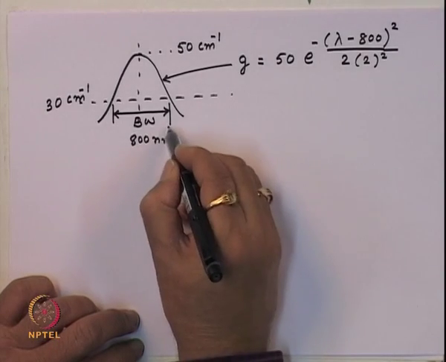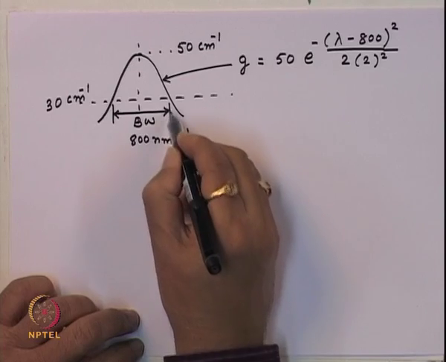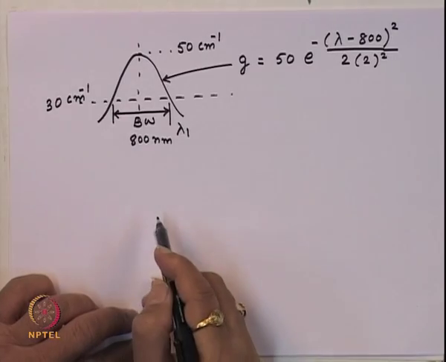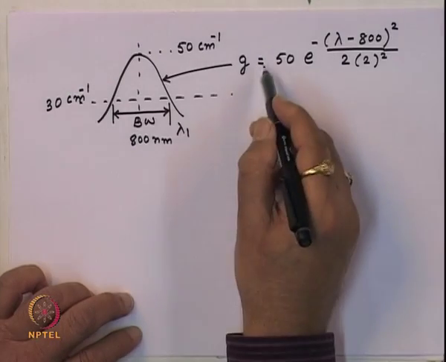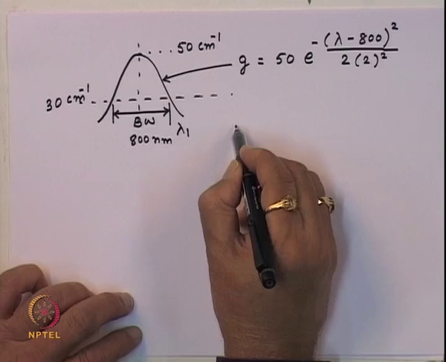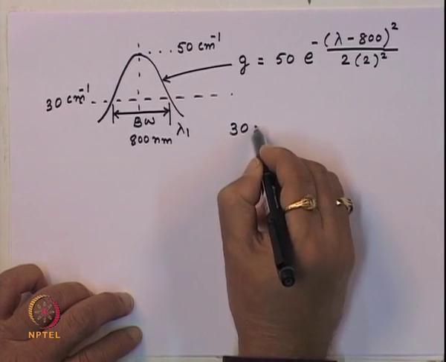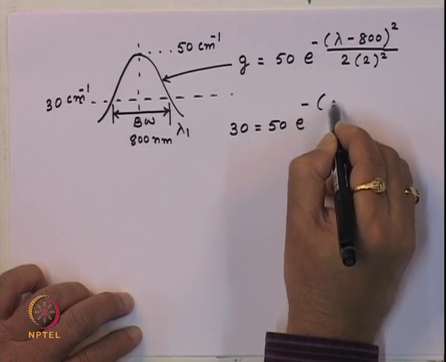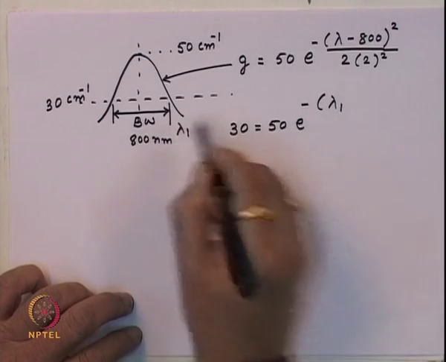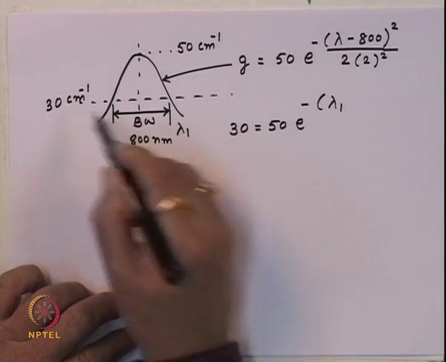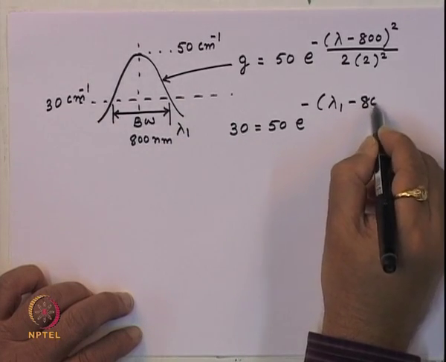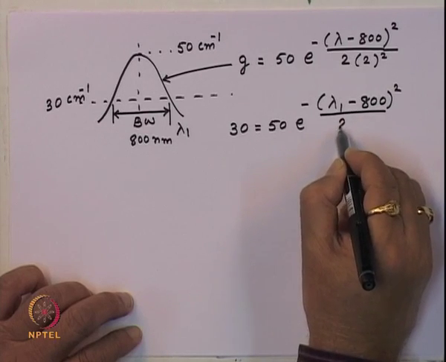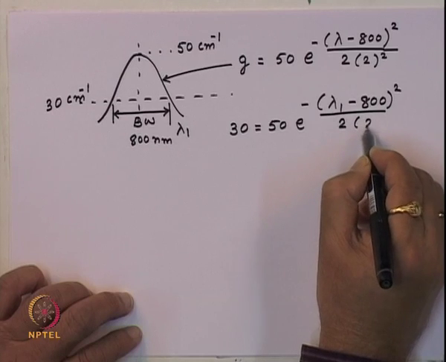So, we can ask what is this wavelength here? Let us say this wavelength is lambda 1, at which the gain equals the loss. So, substituting G equal to 30, we can get 30 equals 50 e to the power minus (lambda 1 minus 800) whole square divided by 2 sigma square.